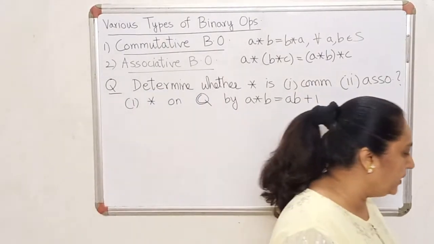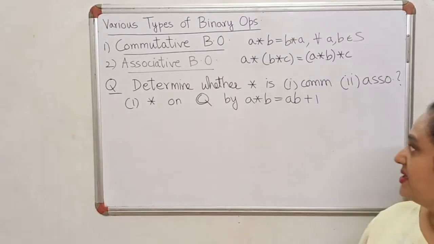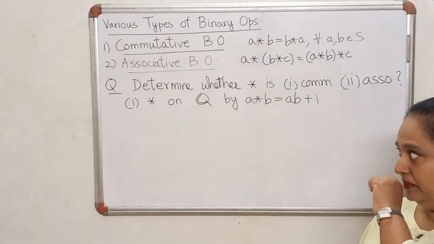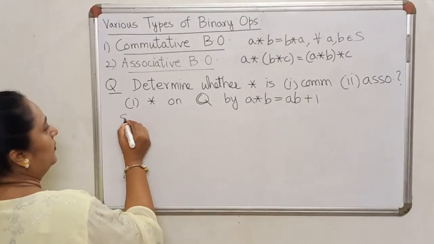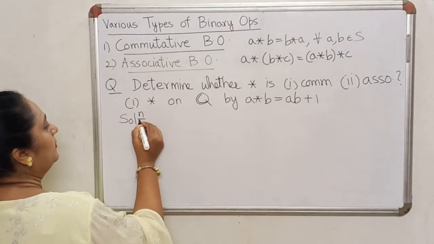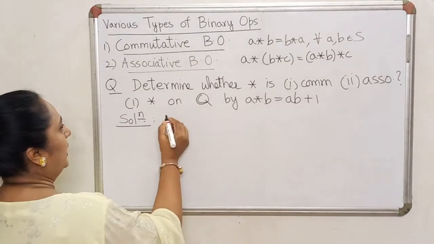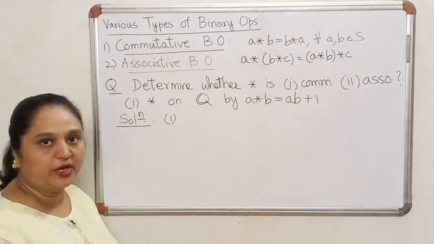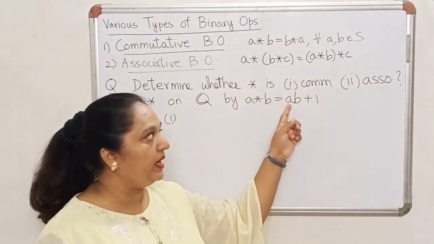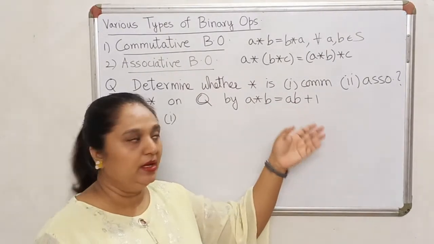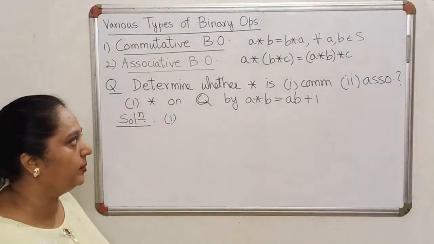So let us check whether this operation is commutative. Do give it a try. I would like to first check whether this operation is commutative. Here on the right hand side, by AB I mean A multiplied by B, where it's the usual multiplication.